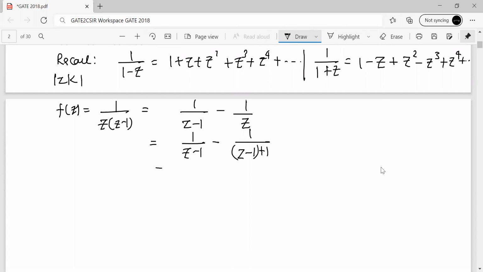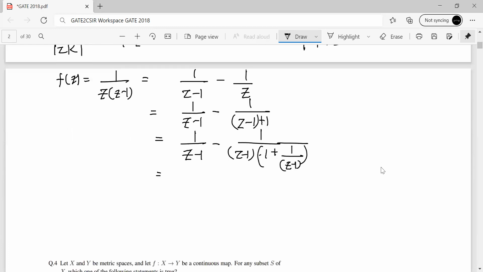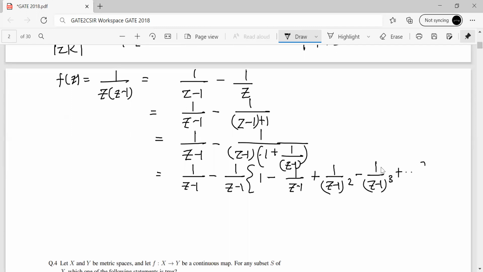Okay, and now in order to complete this, I need to take 1 upon z minus 1 common. So I'll get here 1 plus 1 over z minus 1, right? And now if you expand this series, you get 1 over z minus 1 common, times 1 minus 1 upon z minus 1, plus 1 over z minus 1 square minus 1 over z minus 1 cube and so on.